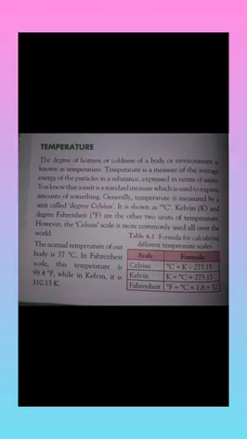So the reliable measure of the hotness or coldness of an object is temperature. How will you define temperature? The degree of hotness or coldness of a body or environment is known as temperature. So let me tell one example. A high temperature of an object indicates that it is very hot, whereas a low temperature of an object indicates that it is quite cold.